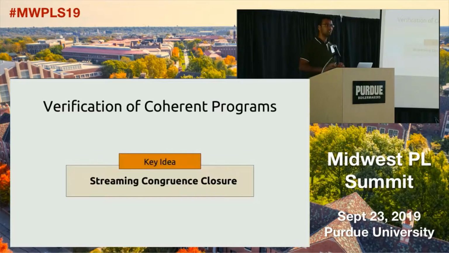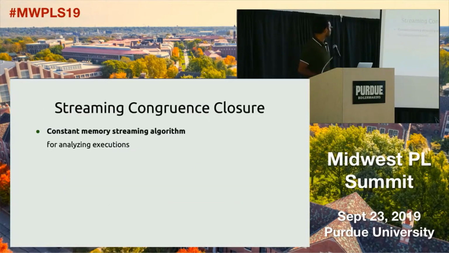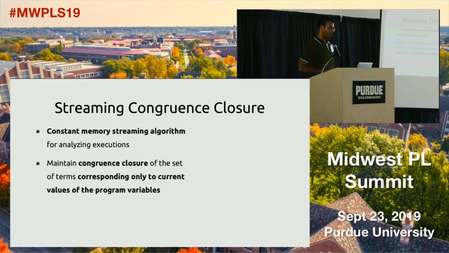Let's look at the decision procedure and the key ideas in the decision procedure. It's called streaming congruence closure. This is an automata theoretic procedure. It analyzes executions in a constant memory fashion. So the idea is to maintain congruence of terms.